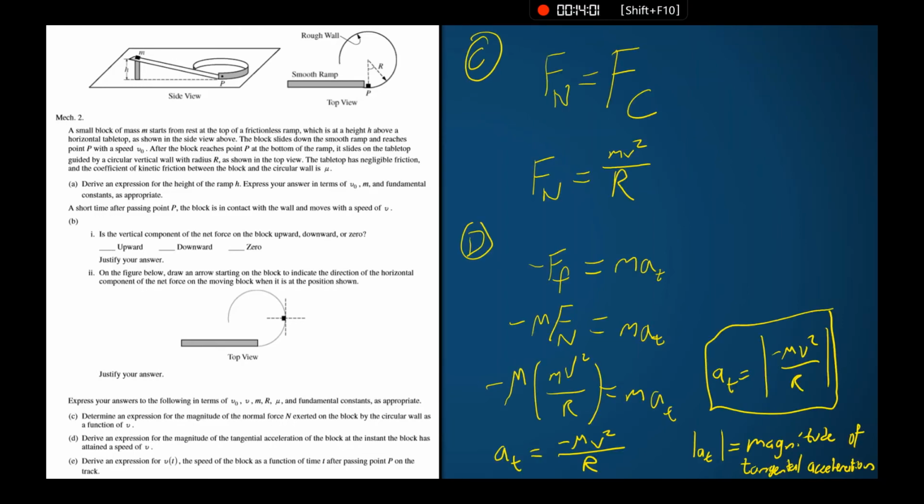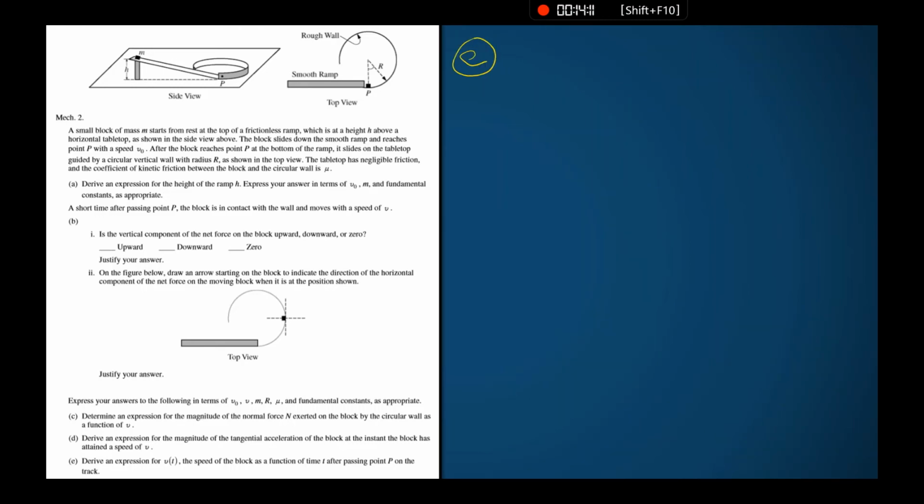Okay, any clue when we start? Which one? Right. AT is dv over dt. And we said that was equal to negative mu v squared over r. So now we've got a separable differential equation that we can integrate.